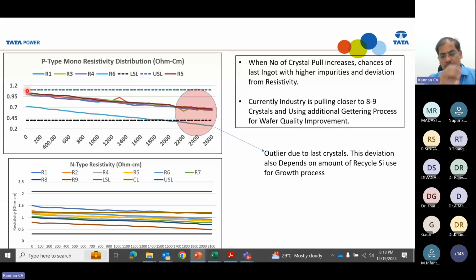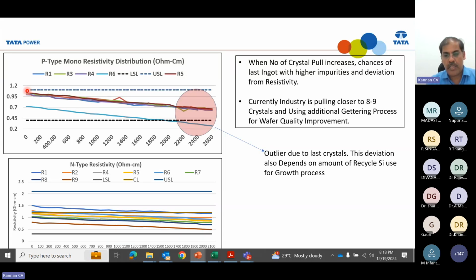But when you increase the number of crystals, automatically the amount of dopant or impurities in the last crystal will be relatively very high, so that you cannot control the resistivity of the last crystal.